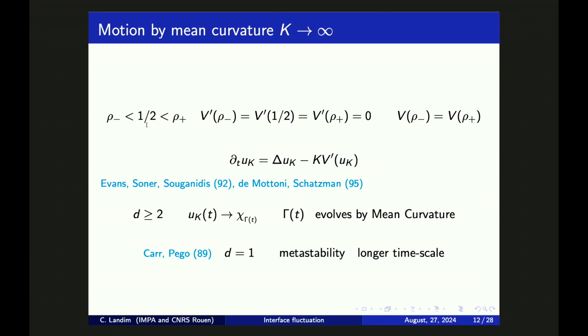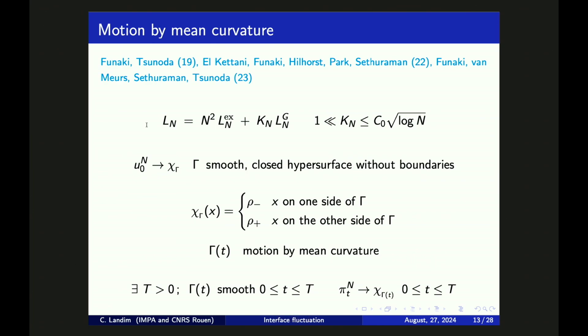In dimension 1, the situation is completely different. You need to rescale time by exponential of k in order to observe an evolution, because a metastability phenomenon occurs.